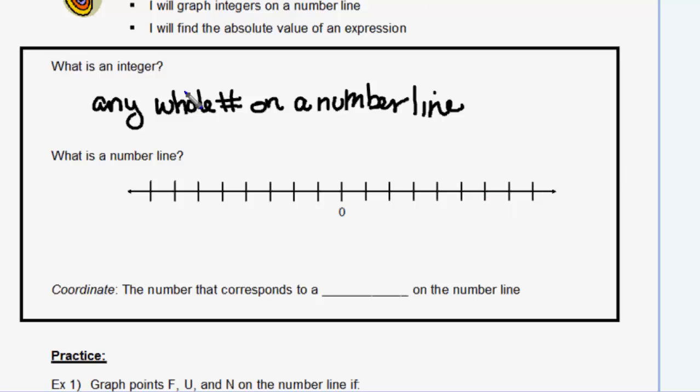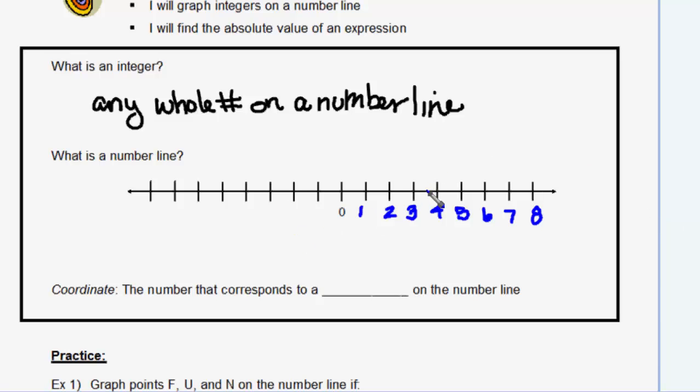So if we look at this number line down here, we start with 0. And your numbers to the right of 0 are going to gradually get larger. So if we were to fill out this number line with our integers, let's start with things going to the right. After 0, we're just going to count up: 1, 2, 3, 4, 5, 6, 7, 8, and it could go on and on forever.